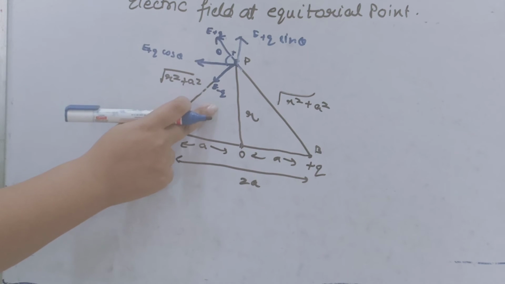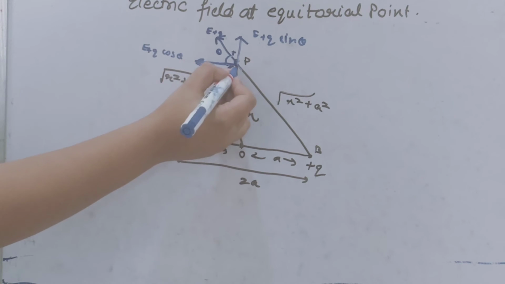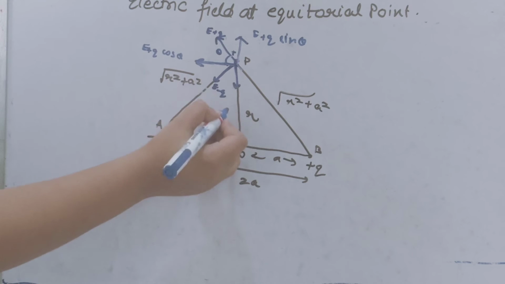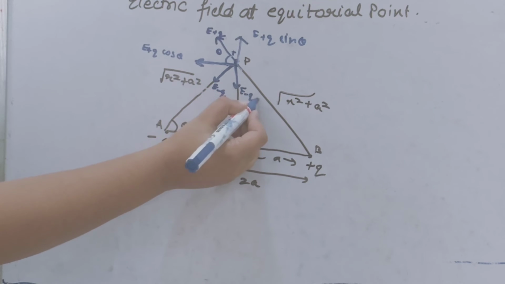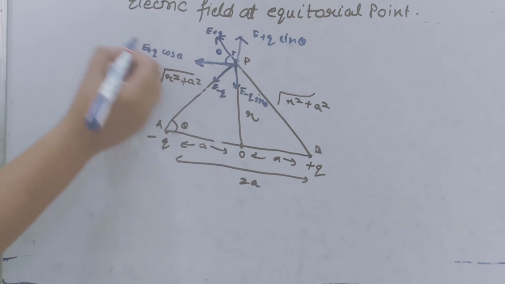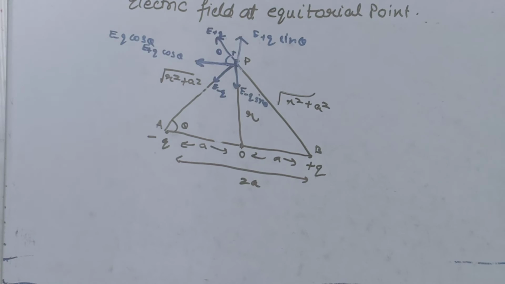Similarly, for E minus Q, one component will be along this direction only and other one will be along this direction. That is, this will be E minus Q sin theta and this will be E minus Q cos theta. Fine.